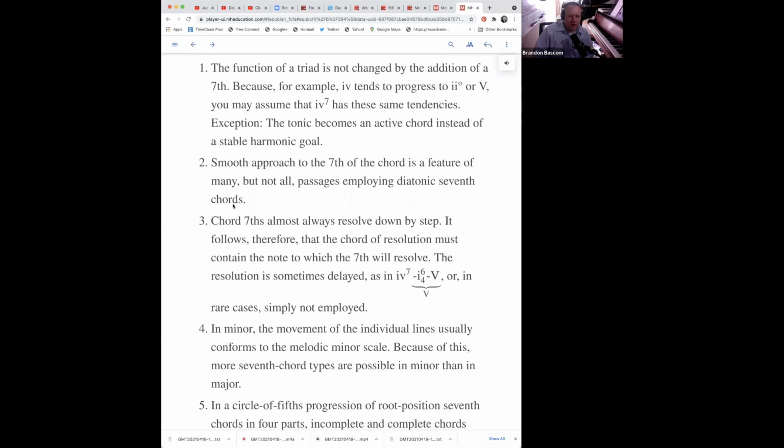I don't see a lot of difference between that and this. Except for we're in major now. So they want us to analyze this. How fun. We're almost done. And they give us the figured bass, which is nice.